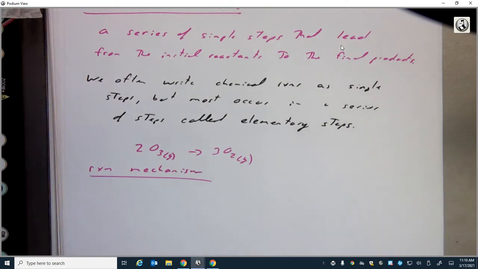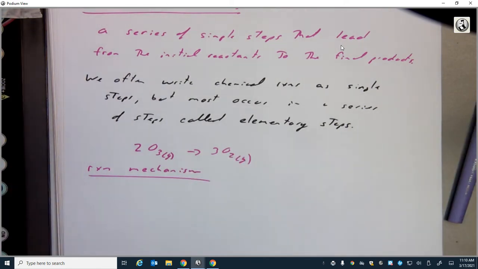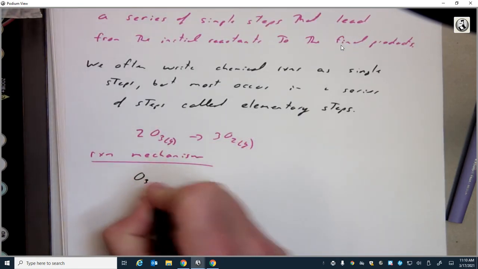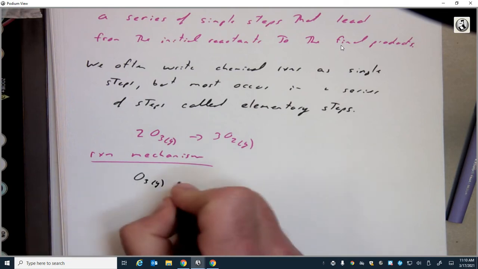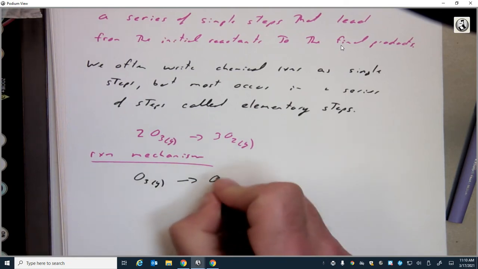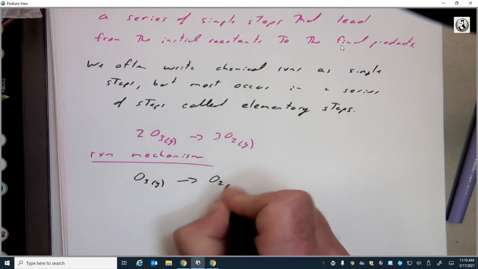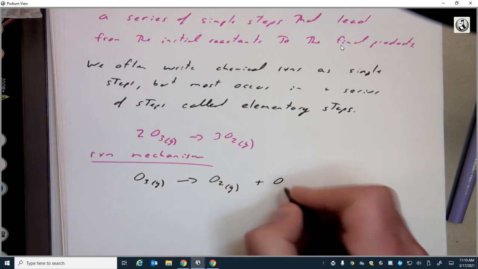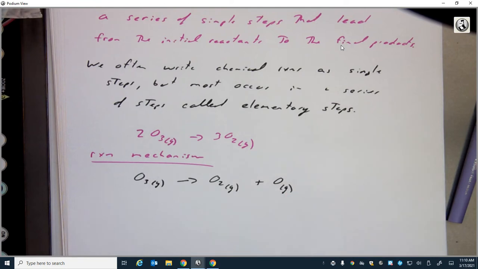In reality, what happens when this occurs is O3 gas will go to O2 gas plus O gas.